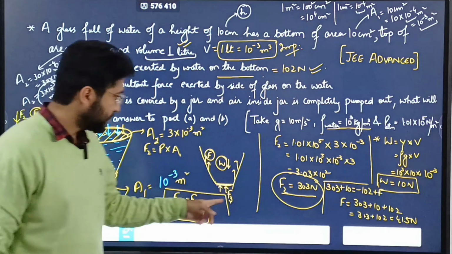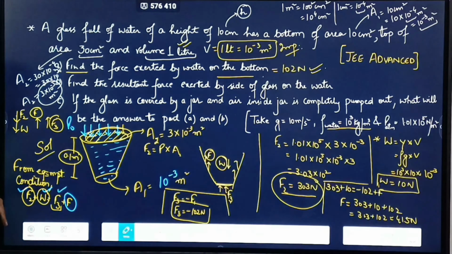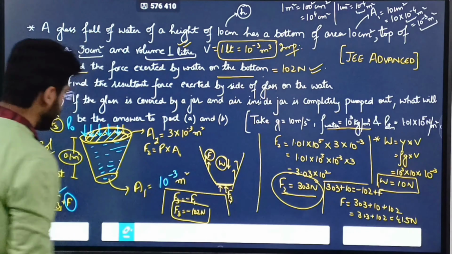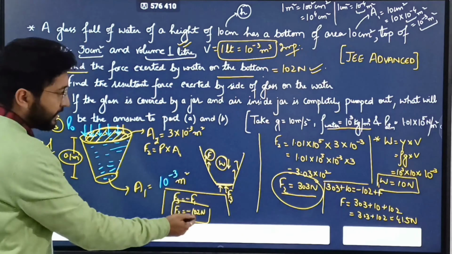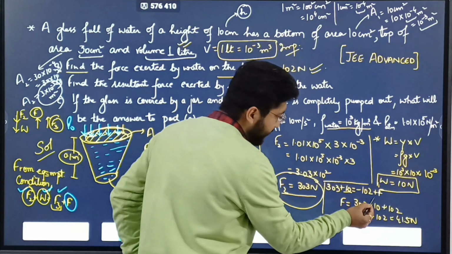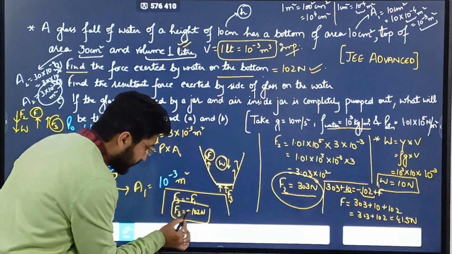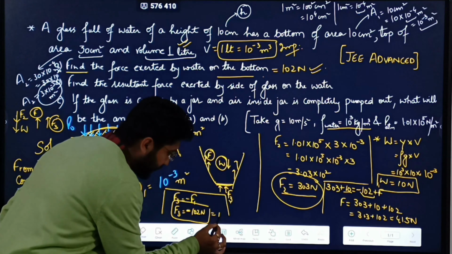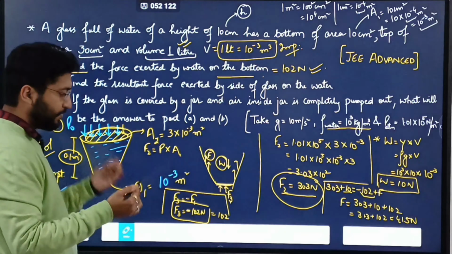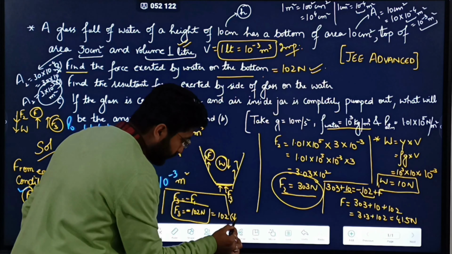F2 is the force of 303 which is acting upward, and W is the weight of the liquid acting on the bottom side, and 102 is the force, where the negative sign means the upward direction; if we remove that, it comes to be downward.